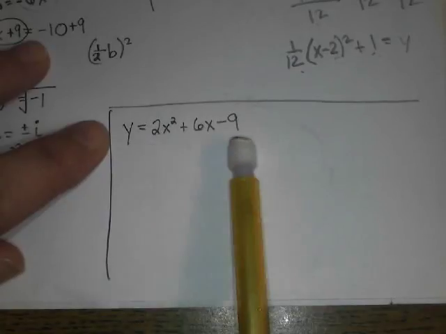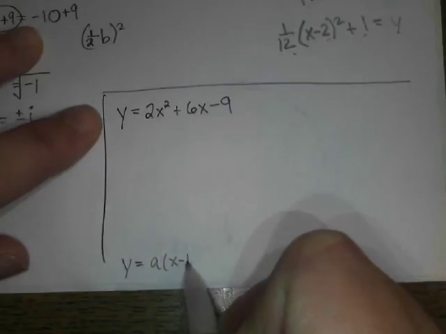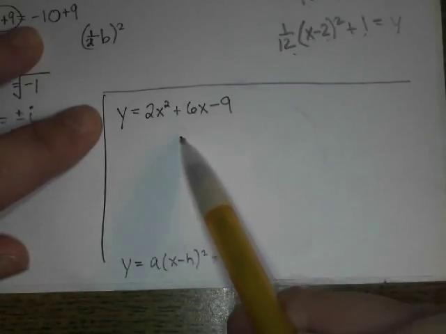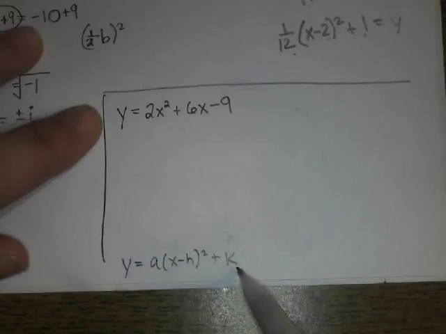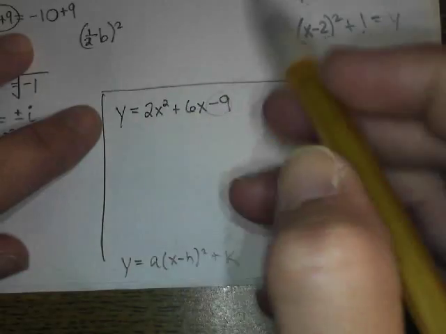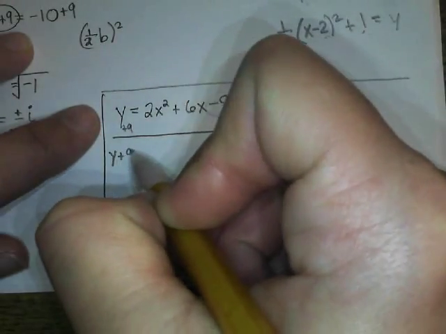So again, I have to get rid of the constant, so I'd add 9 to both sides. Okay? Here's the second part we haven't talked about yet. You cannot complete the square of a trinomial if there's a coefficient. And there is right now a 2.